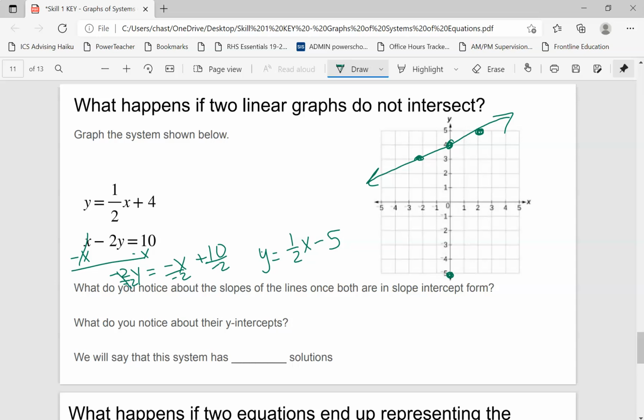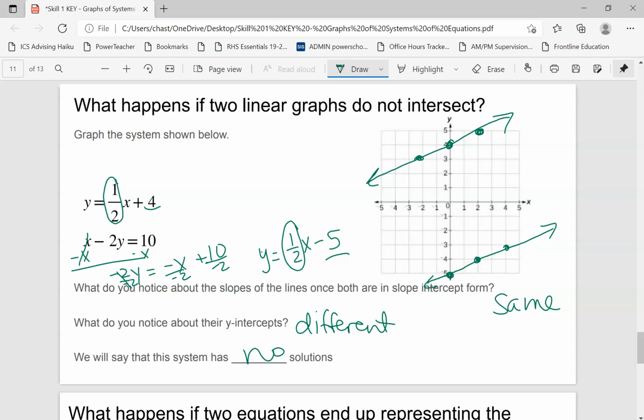So I plot the -5 and I go up 1 over 2. You're going to notice these lines, notice their slopes are the same. Their y-intercepts are different. These lines end up being parallel lines. So we say there's no solution. So if two lines don't intersect, they have no solution.